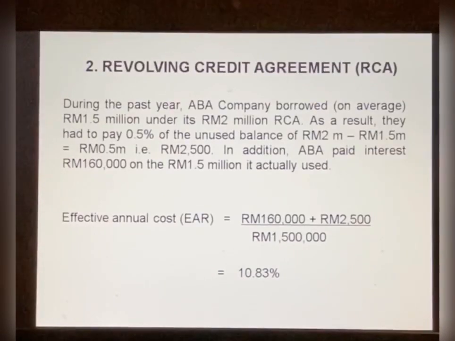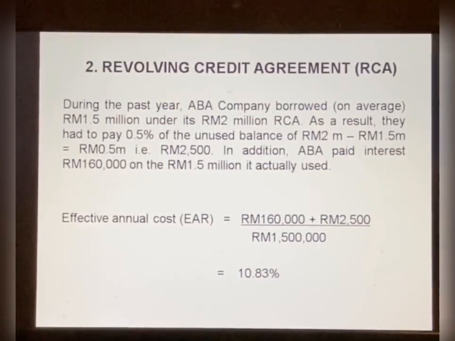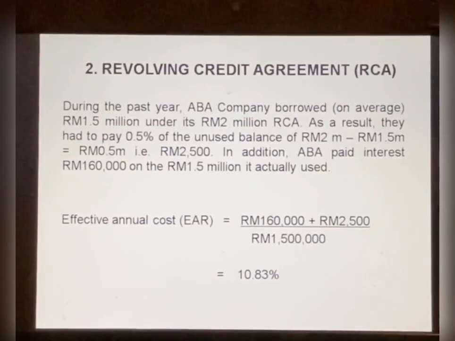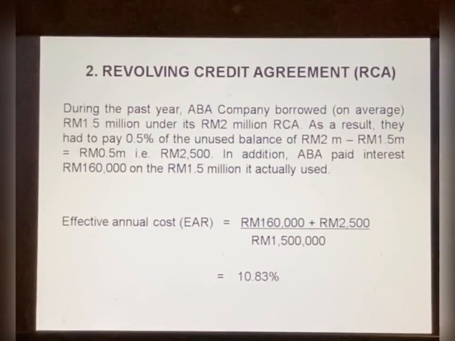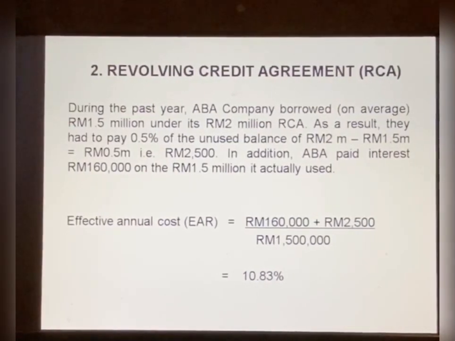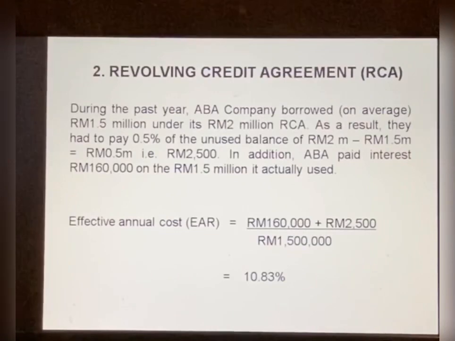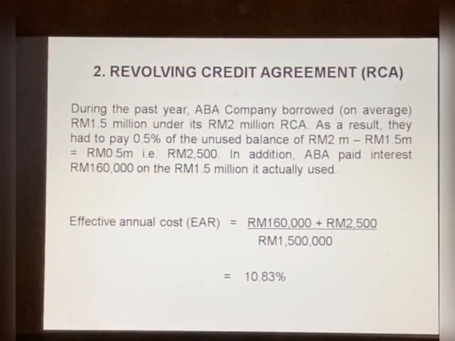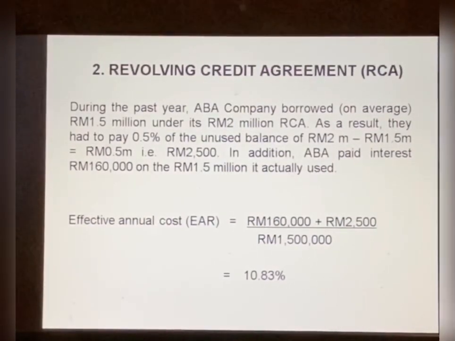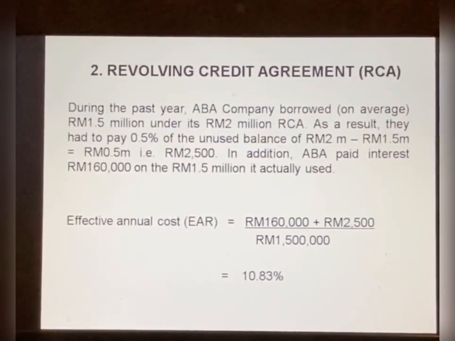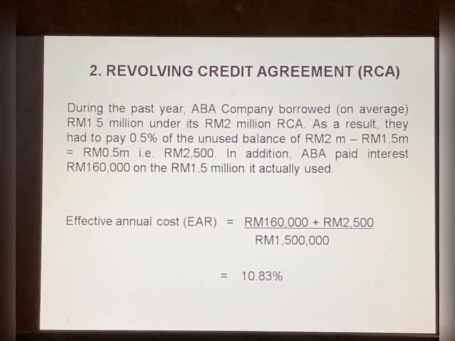The 0.5 million is the difference between the RCA of 2 million minus the used loan of 1.5 million. So the commitment fee is 2,500. How to get the 2,500? 0.5% times the 0.5 million. In addition, ABA paid interest of 160,000 on the 1.5 million it actually used.